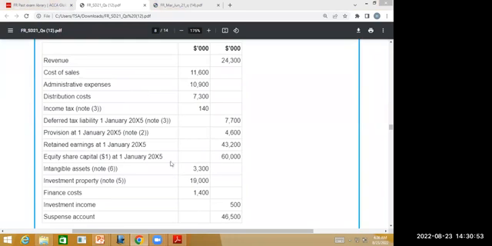You can take the opening balances from the trial balance.